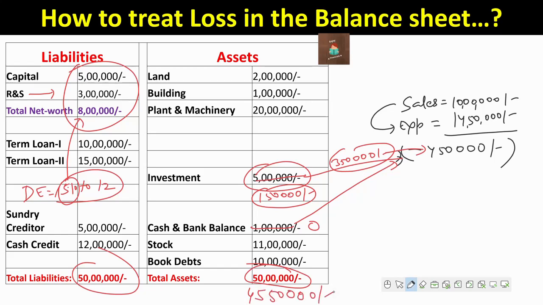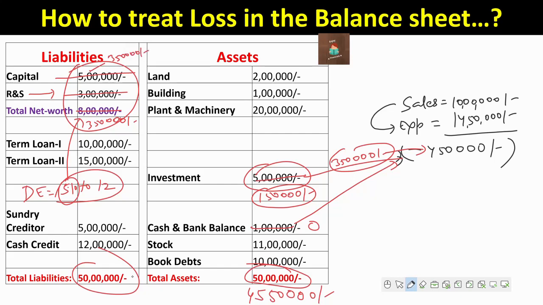And on the liability side also, you simply cut reserve and surplus, meaning somehow you have to reduce 4,50,000 rupees from the net worth. Okay. So earlier it was 8 lakh rupees. So now how much is it? You reduce 4,50,000 rupees, and here the capital is now 3,50,000.